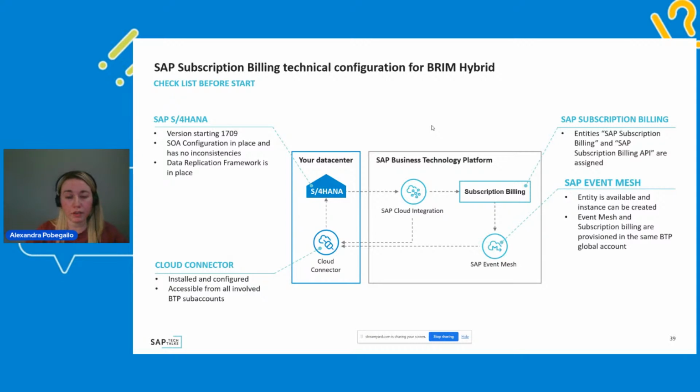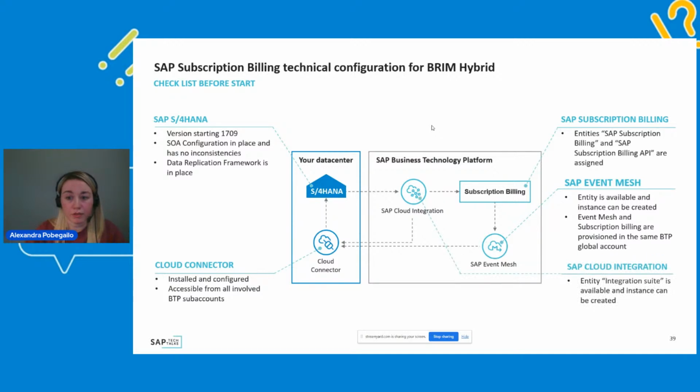But if you plan to synchronize your data between your S/4HANA and subscription billing based on events, for example, you want to have it immediately in subscription billing after you enter some customer or receive some billing, then you will need SAP Event Mesh. It is easily configured and implemented, so don't worry, just choose what you need.